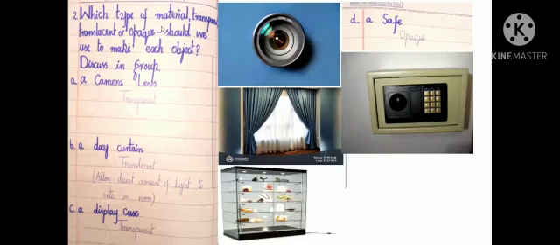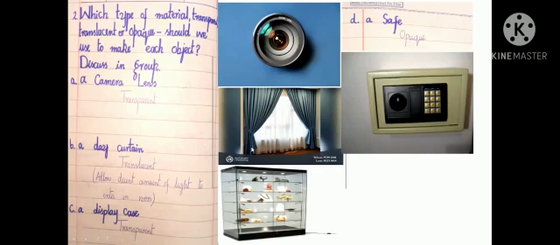Number 2, which type of material, transparent, translucent or opaque, should be used to make each object? Discuss in group. Okay students, number 1 is about a camera lens. You can see here a diagram is given. This is a figure of a camera. This is the transparent material.